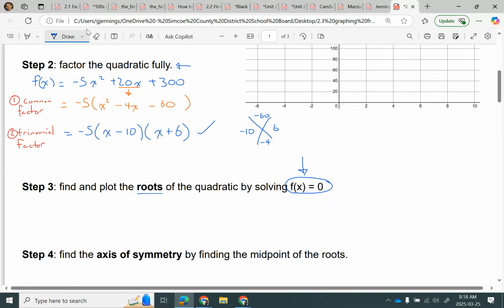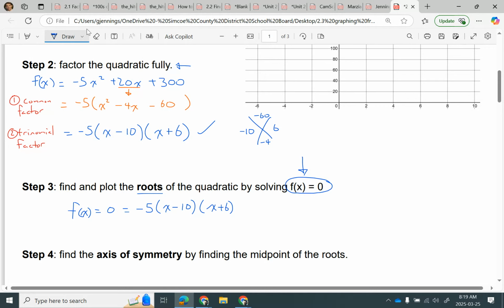So if I say f of x equals 0, that's like saying -5 multiplied by x minus 10 multiplied by x plus 6 is 0. So if I want to solve this equation, I have three things multiplying: -5, and the mystery number x minus 10, and the mystery number x plus 6.